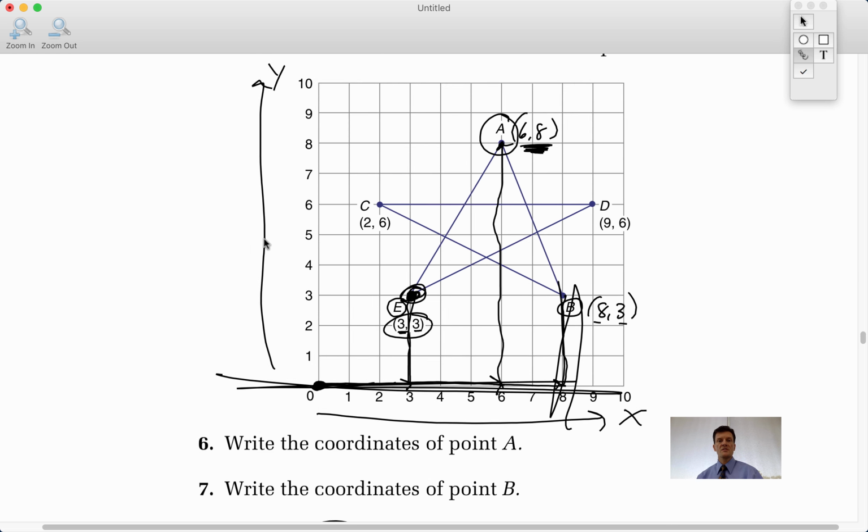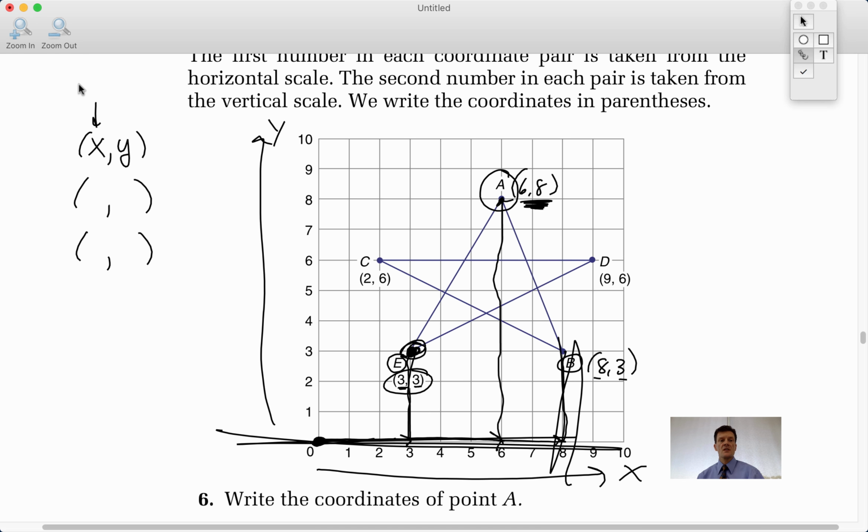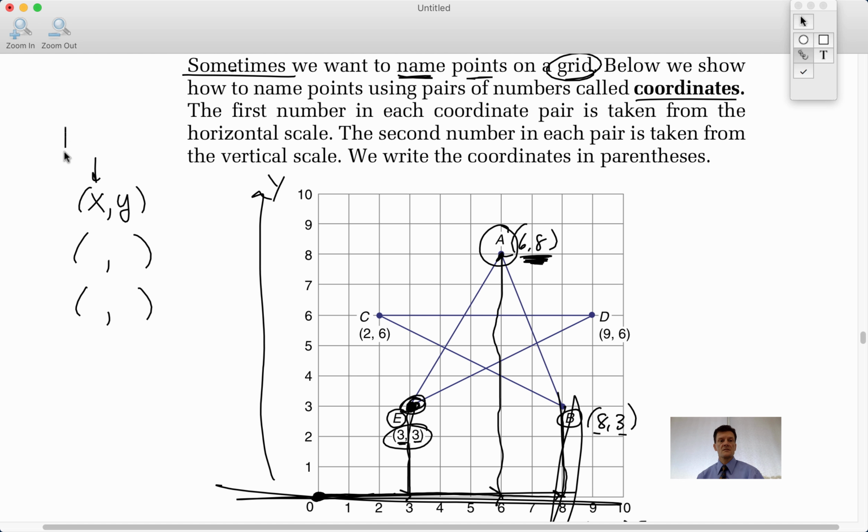And you can write the points as two numbers separated by a comma, like this. Remember, it's always the X number and then the Y number. The X tells you how to move horizontally. Horizontal. That means right and left. The Y value tells you how to move vertically.